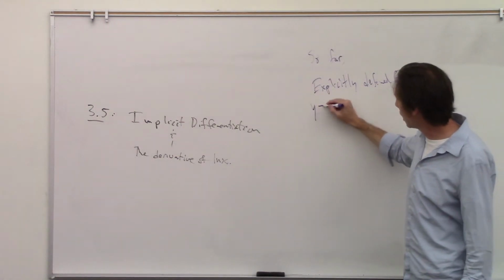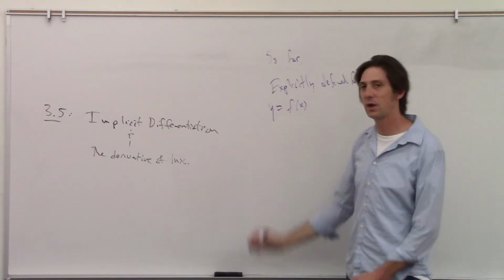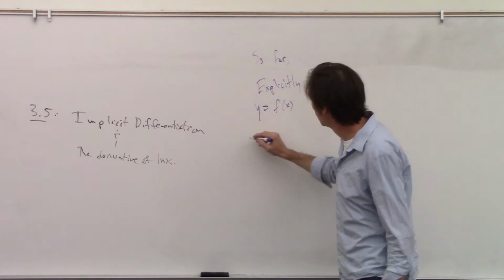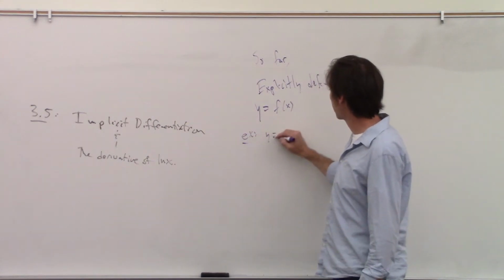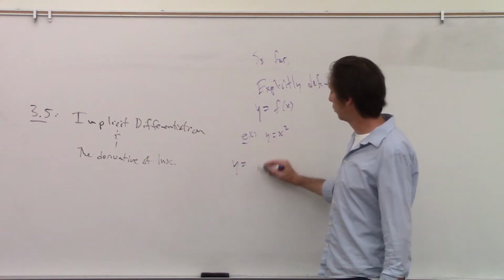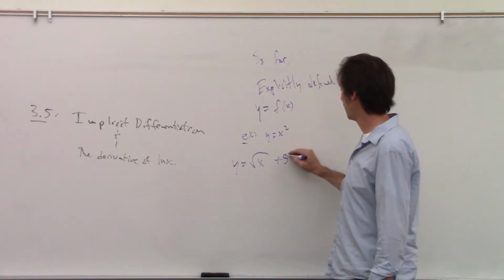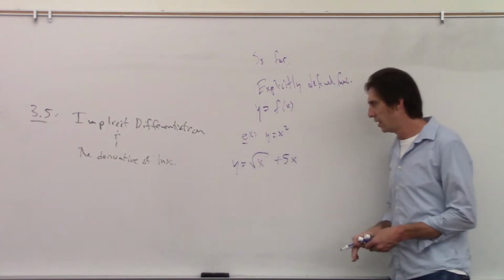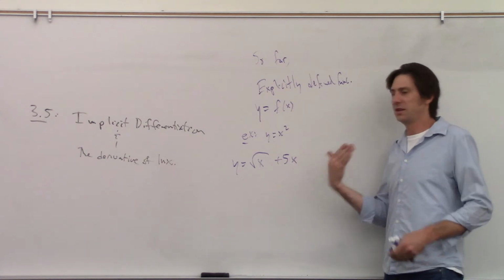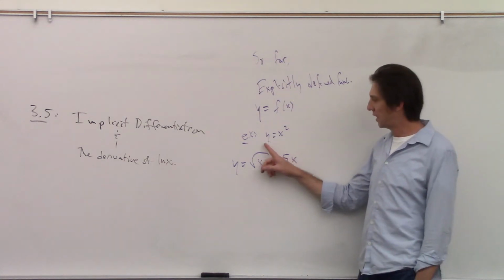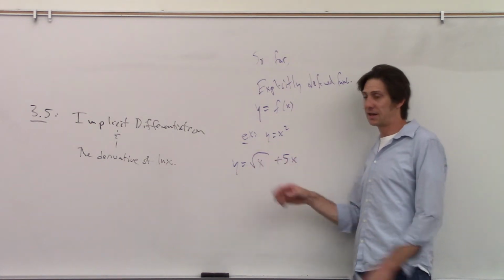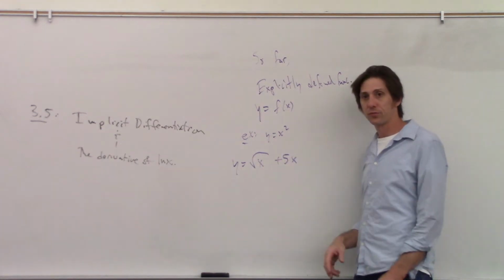And they look like y equals f of x, right? So whenever we had a formula, y equals x squared, y equals square root of x plus 5x, etc. These are all explicitly defined. And so again, we're defining the variable y explicitly in terms of x.